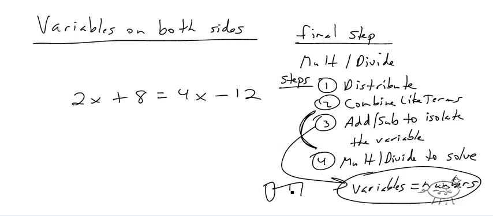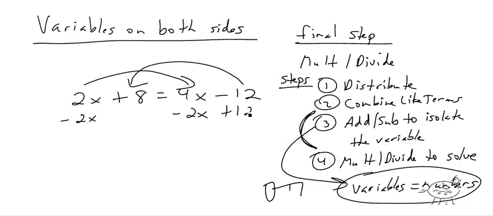Let's keep going. We don't have to distribute. We don't need to combine like terms. I'm going to add and subtract to isolate. It doesn't really matter if you subtract 2x from both sides or subtract 4x and move things over. I personally don't like to have negative numbers, so I'm going to subtract 2x from both sides. Then if I'm moving the x's over to this side, I've got to move the numbers to this side.